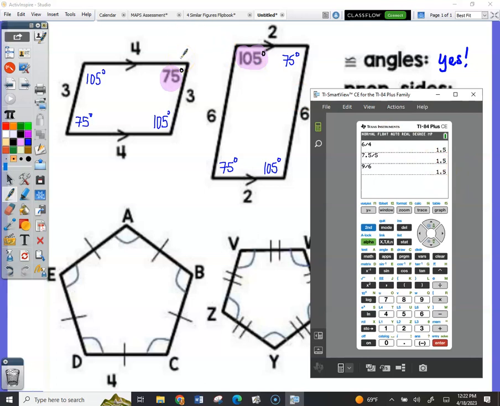Be careful though, these are turned in a different direction. So for instance, we've got 3 and 4, and then we've got 2 and 6. So compare small to small. If I do 3 divided by 2 and leave it, now if I do 4 divided by 6 and leave it, did I do that right?